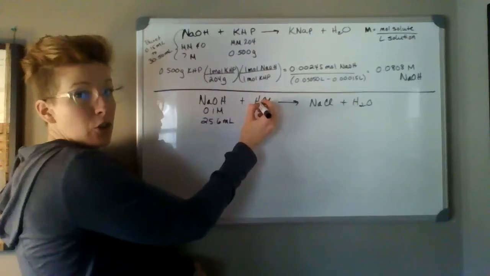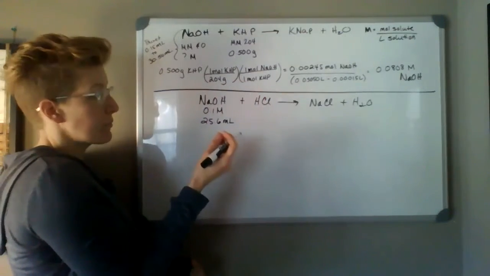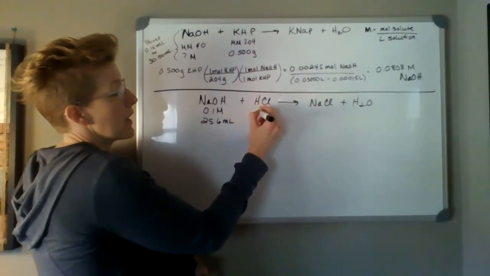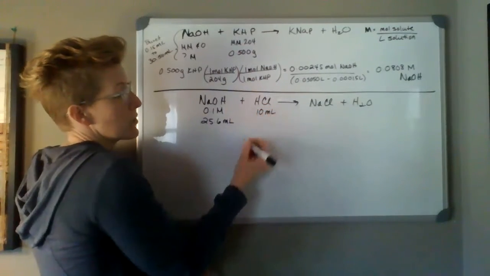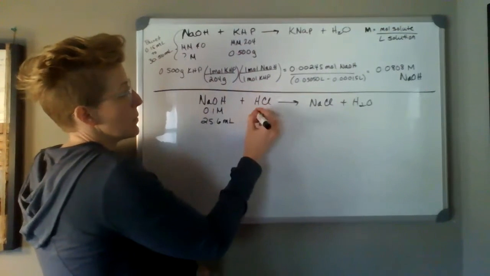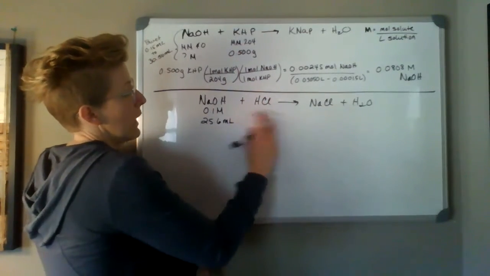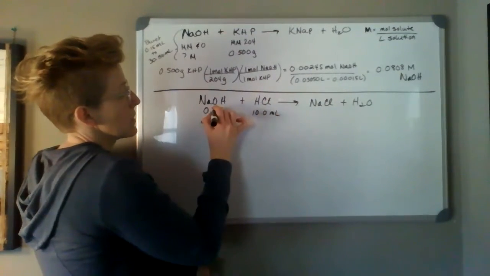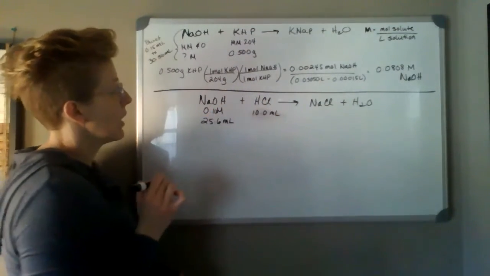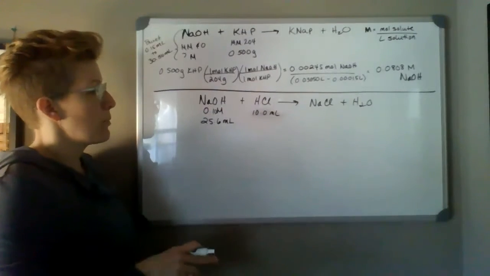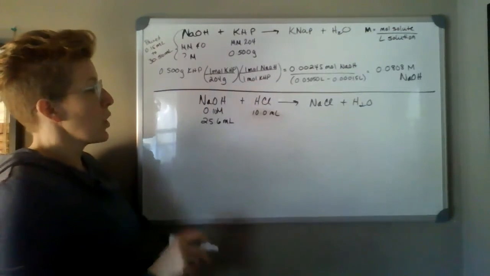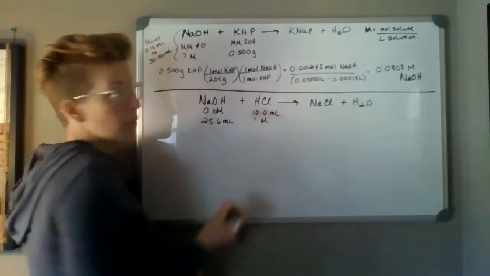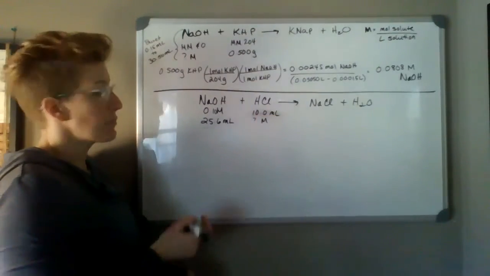And you know in your flask, right, in your Erlenmeyer, that you put, I don't know, let's say 10 milliliters, and we'll make this, hold on, for sig fig purposes, 10.0 milliliters, and let's make this 0.10, so we just have a couple more sig figs in there, okay? So we want to know, question mark, what is the molarity of our hydrochloric acid?